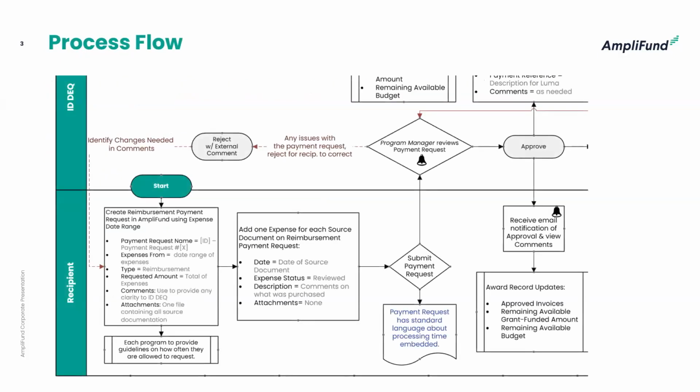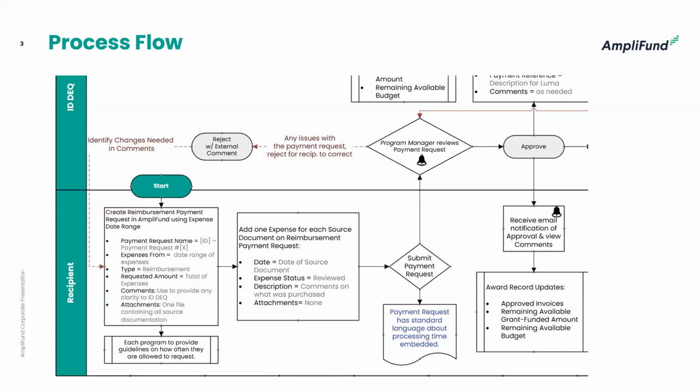And this slide includes a process flow. If we focus our attention to the bottom half of the process flow over here, then you'll see some of the actions that you're going to be responsible for performing within the system. When it comes to creating a reimbursement payment request, you'll be able to log into AmpliFund and create that reimbursement payment request utilizing date ranges of your expenses.